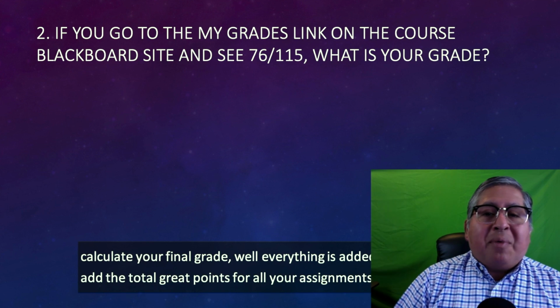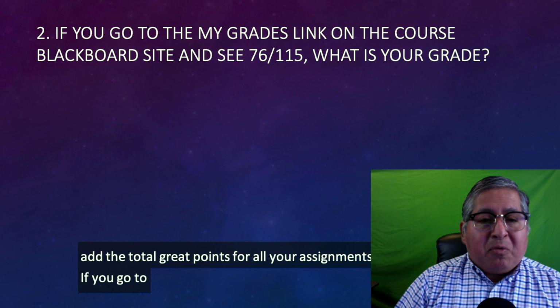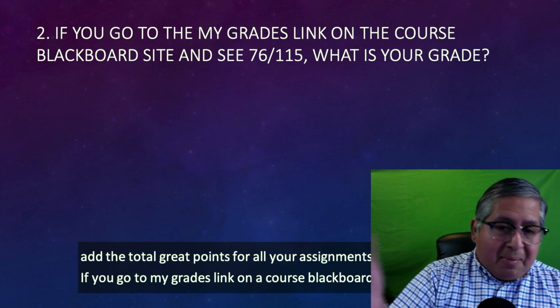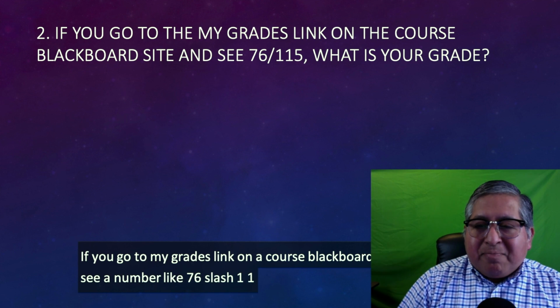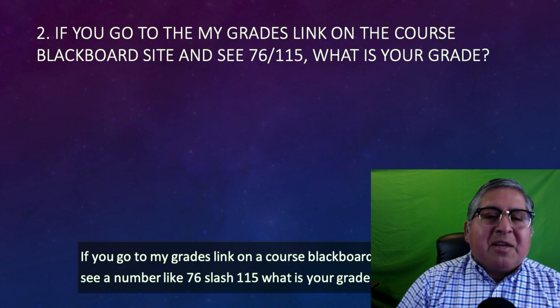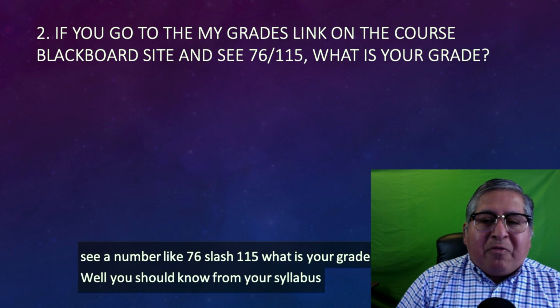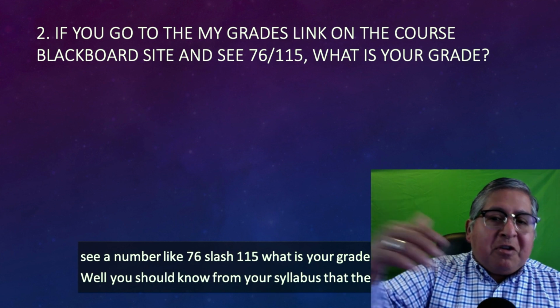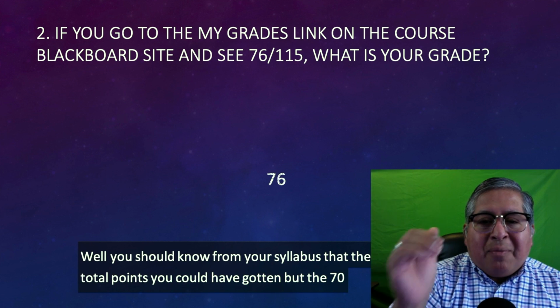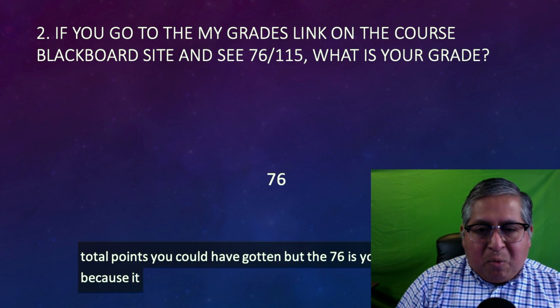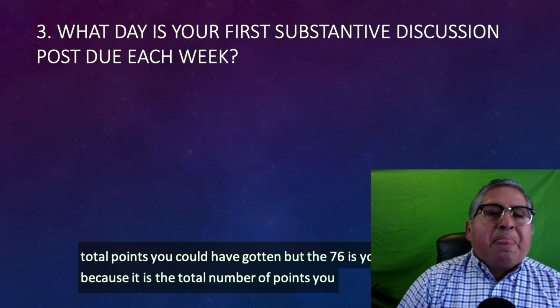If you go to the My Grades link on the course Blackboard website and you see a number like 76/115, what is your grade? Well, you should know from your syllabus that the 115 is just the total points you could have gotten, but the 76 is your grade because it is the total number of points you have.